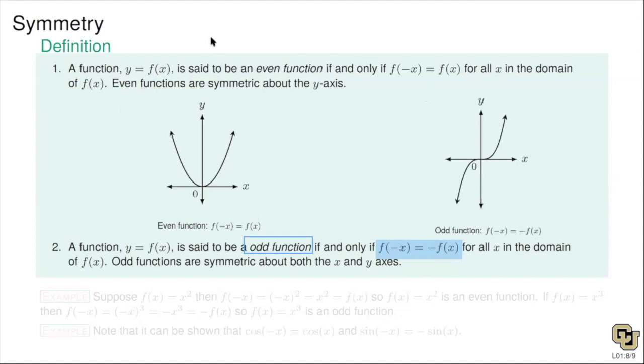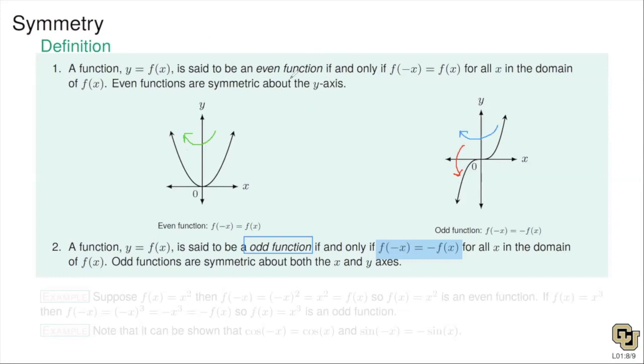So what do I mean about symmetry? If I took this function and reflected it about the y-axis and then reflected it about the x-axis, you get back the same function. For an even function, if I take the function and reflect it about the y-axis only, if you get back the same function, then that's called an even function.